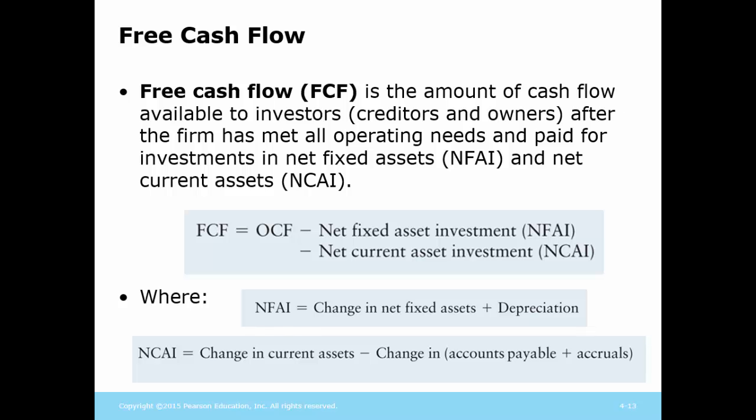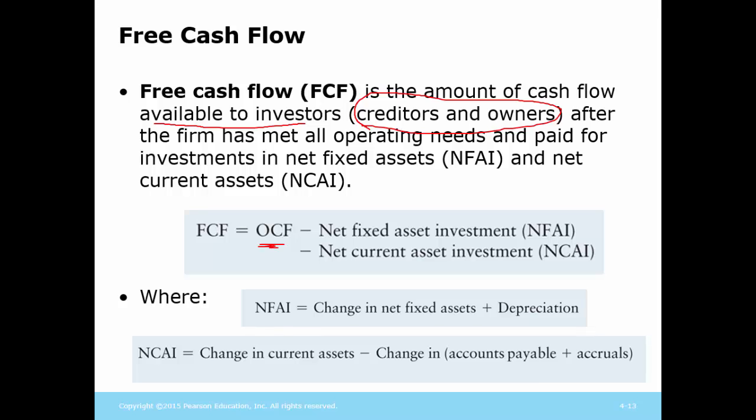Now, free cash flow is really more of a number that's closely followed by the investors of a company. It identifies the amount of cash that's available to investors. So who are the investors of the company? We have to include both creditors and owners. So free cash flow is that operating cash flow minus the investments of the company.